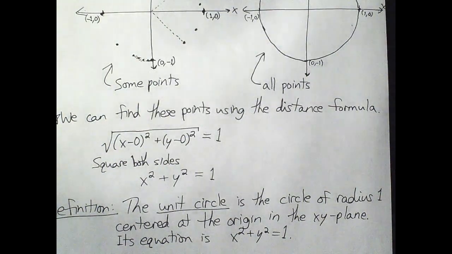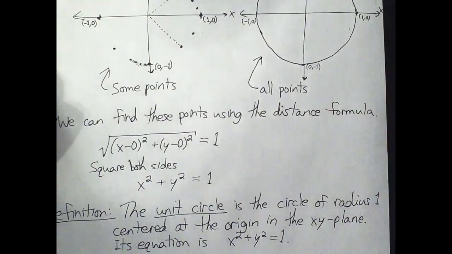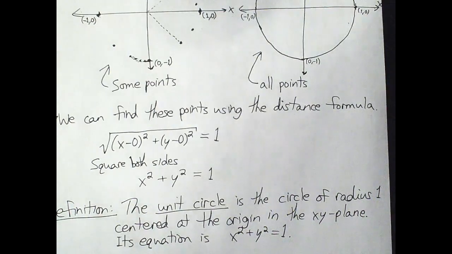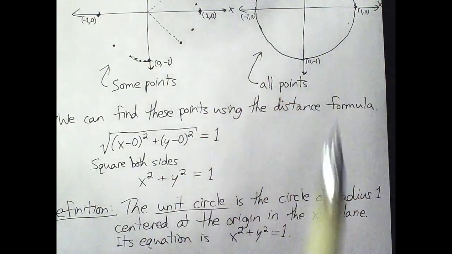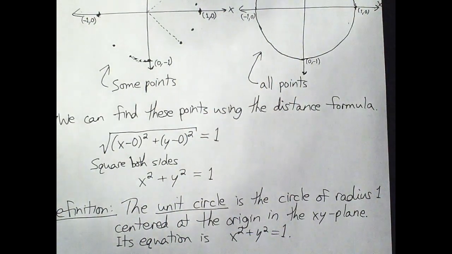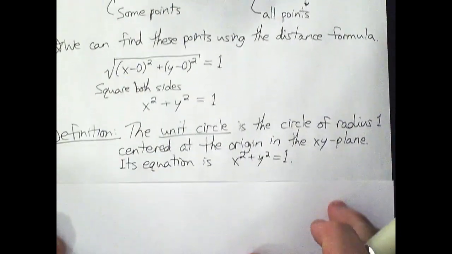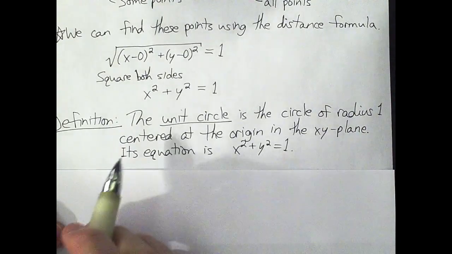So this is not a function. But that's okay. It's still a set of points. We can still talk about it as an equation, and we can still talk about it as a graph. We're going to try not to call it a function. There are other shapes in math like that too.